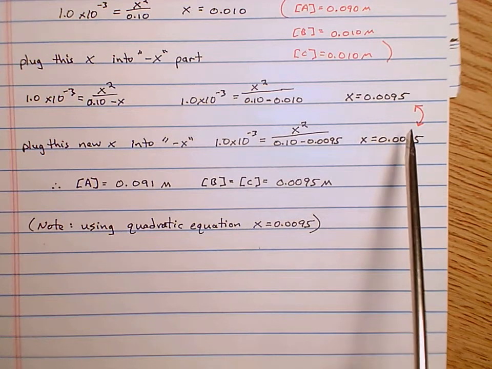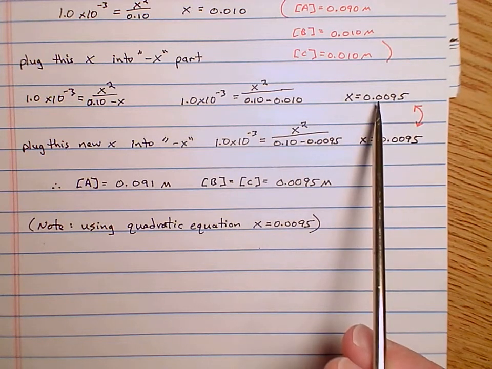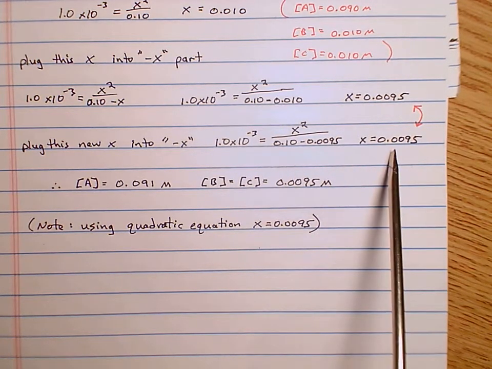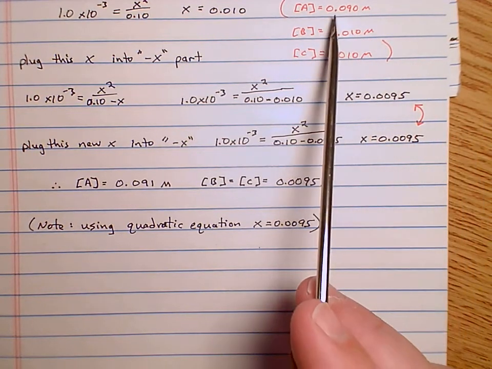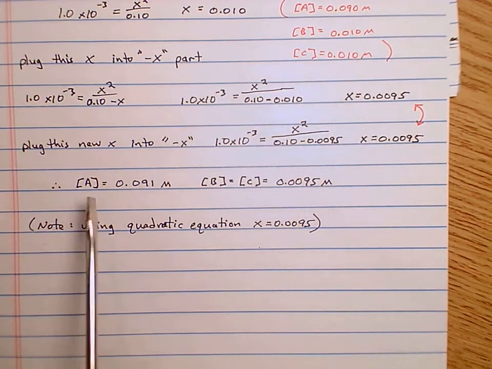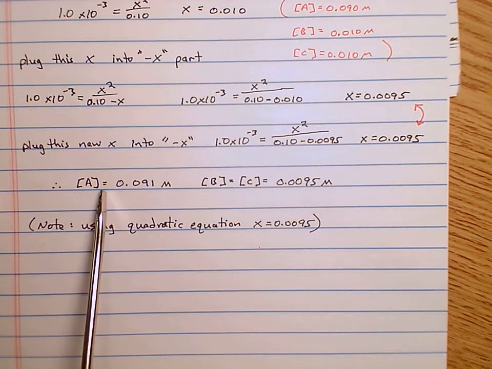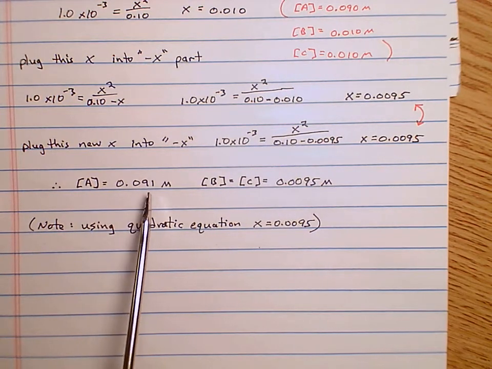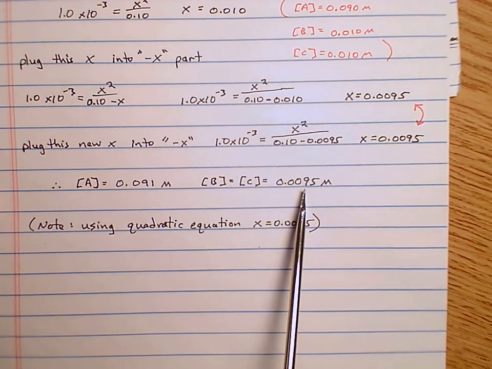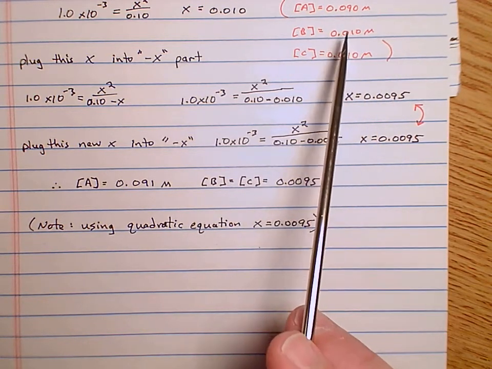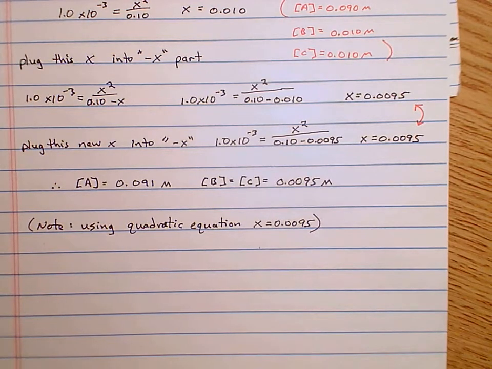And when I plug in an answer for x and get the exact same answer, I know I've got the right answer. So instead of 0.090 molar for A, the correct answer would be 0.091 molar, and B and C are 0.0095 molar instead of 0.01 molar.